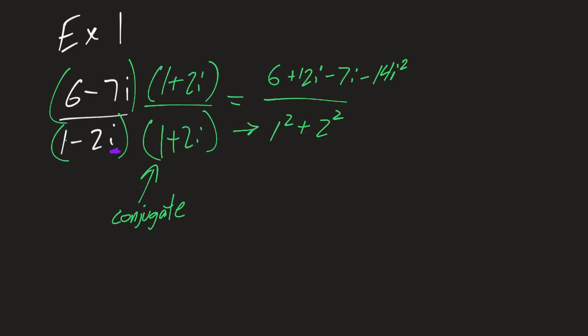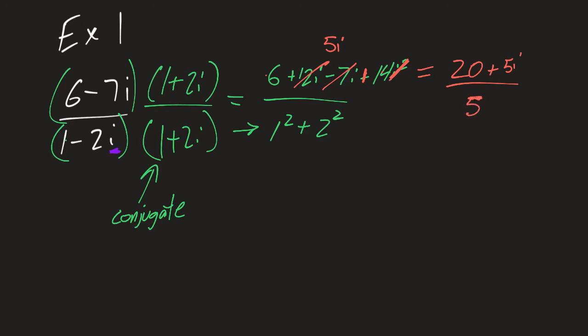Let's simplify this, okay? So 12i and 7i, those two are going to make 5i. So this i squared is going to flip this to be a plus 14. And overall, I've got this. 6 plus 14 gives me 20 plus 5i over 1 plus 4 is 5.